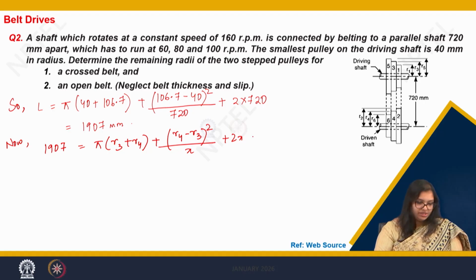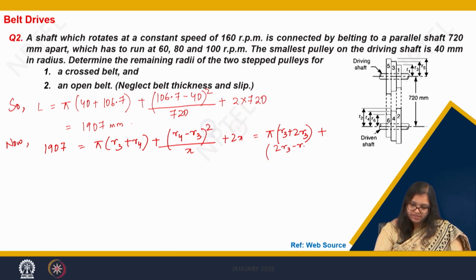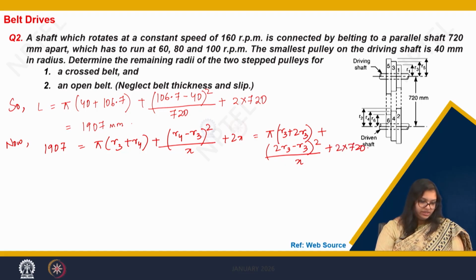So this gives me pi times R3 plus 2R3, plus 2R3 minus R3 square by x, plus 2 into 720.